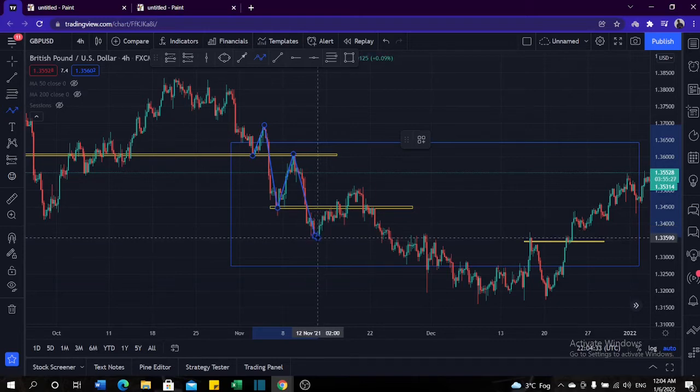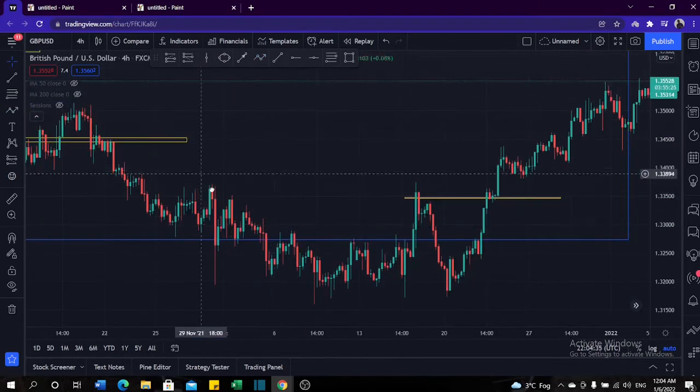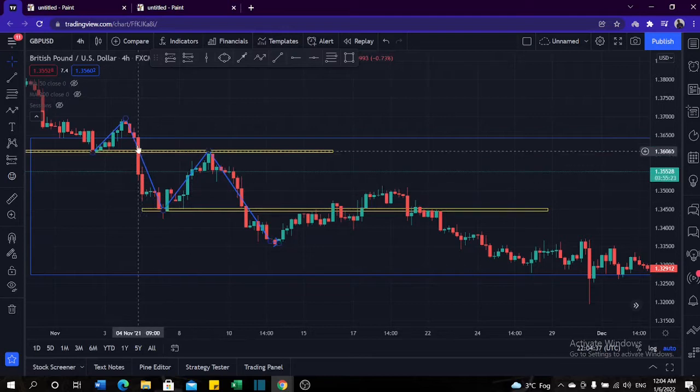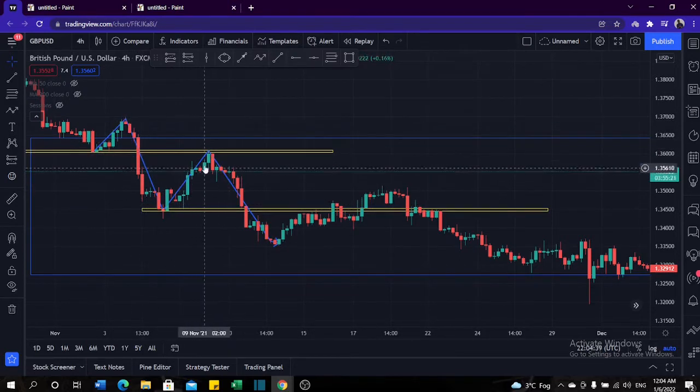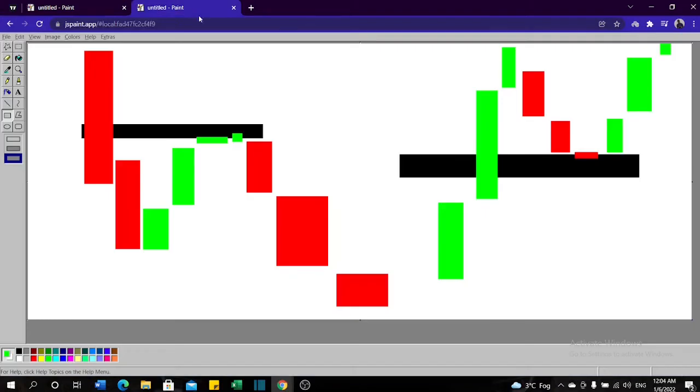Now what a person can do: the price came down, it came and retested this area. Since this is a strong area of support and resistance, our next candle was bearish, as I've shown you in the previous page here.